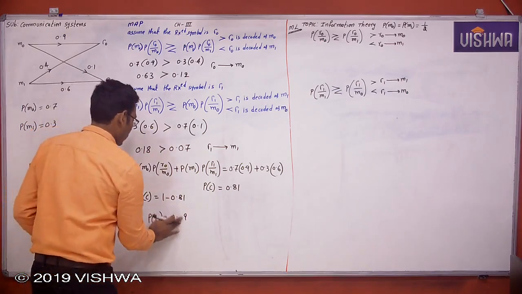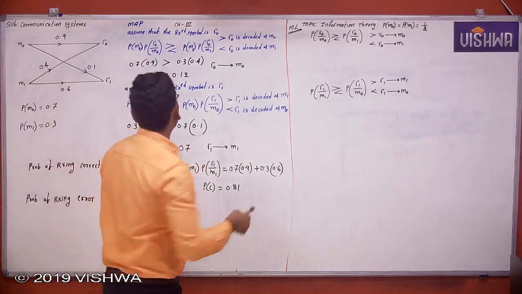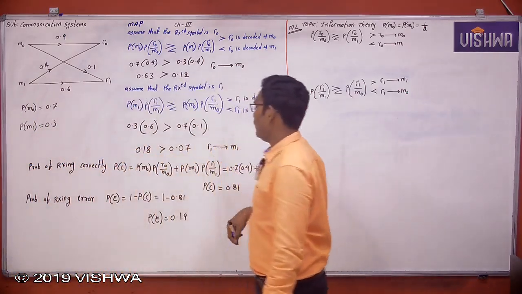No, sorry, 0.19. So the probability of error in MAP decoding is 19%, right?